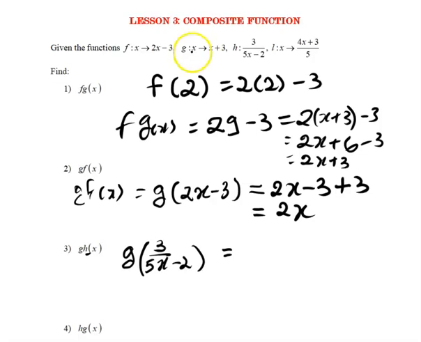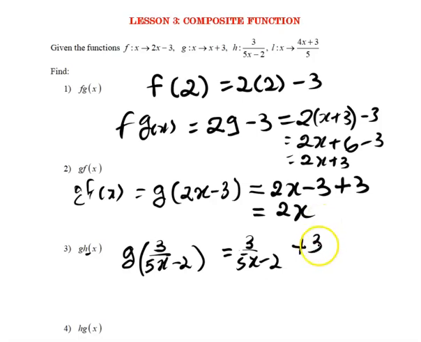It says for every input, your output is x plus 3. Okay. Now, I will replace, this will be 3 over 5x minus 2 plus 3, which you can go ahead and simplify in its lowest form, or you leave it that way.